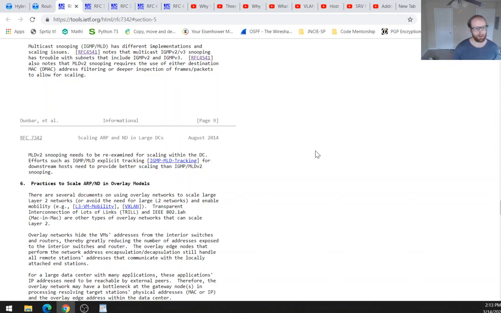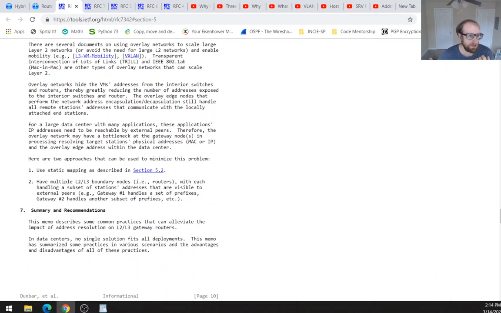MLD v2 snooping needs to be re-examined for scaling within the data center. Efforts such as IGMP/MLD explicit tracking for downstream hosts need to provide better scaling than IGMP/MLD v2 snooping.